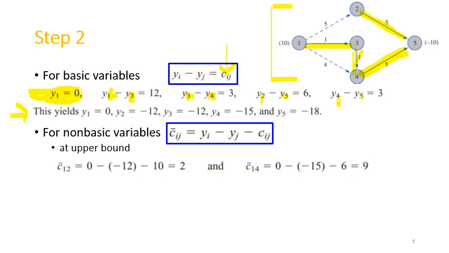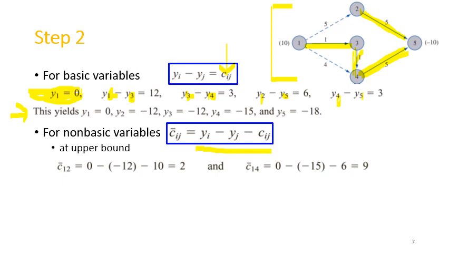So we have two non-basic variables at the upper bound, which are x12 and x14. How do I know that they are at the upper bound? You can see they are dashed arcs. And for non-basic variables, this is the formula to check the c hat, yi minus yj minus cij.